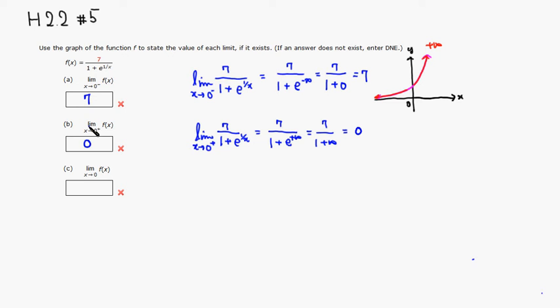And the last one, you can see that the limit from the left-hand side and the right-hand side do not agree with each other. They give you different values. Therefore, this limit does not exist. Since these two values are not the same, we know that this limit does not exist.